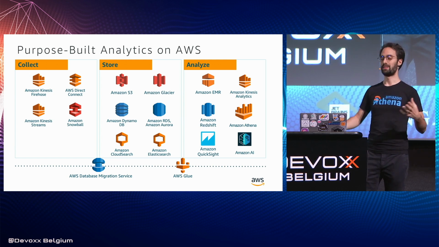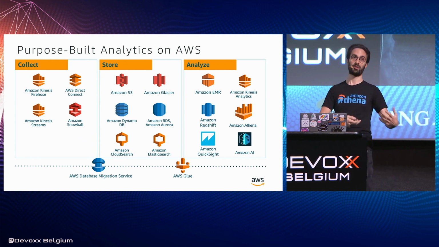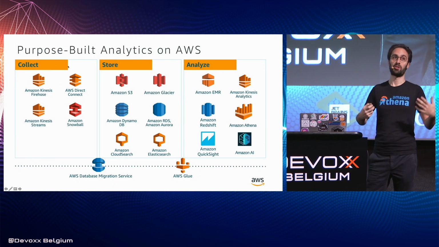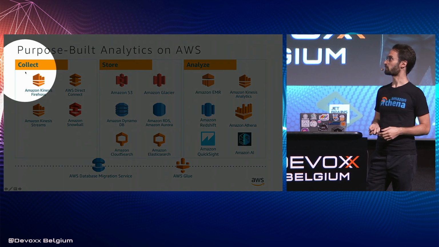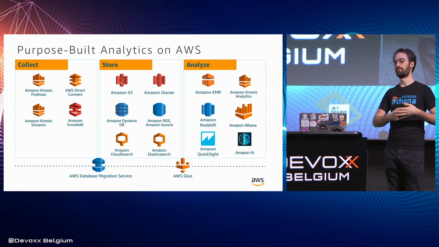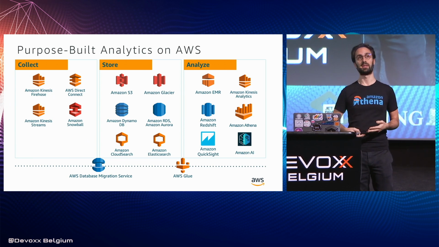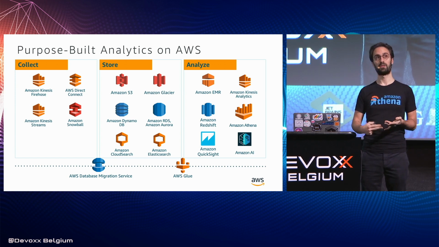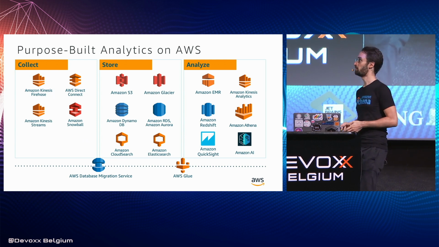There are actually 3 phases when you store, collect, and analyze data. Of course, you have to start with the collect phase. Up here you find some of the services that allow you to do that, and we're talking about managed services usually. For example, Kinesis Firehose is the service that allows you to ingest all your data, act as a buffer, compress it, encrypt it, and put it into either Amazon S3, our object storage, or Elasticsearch if you need to support search capabilities.